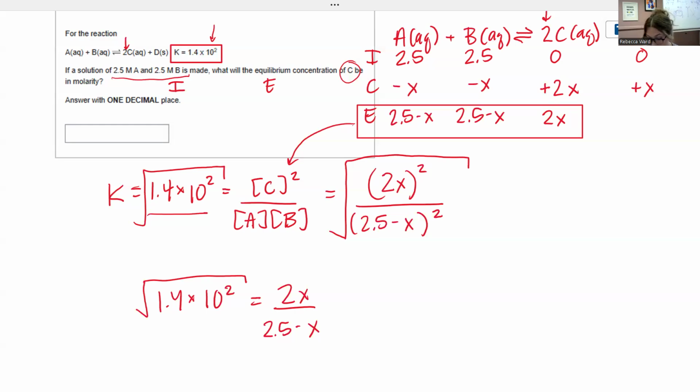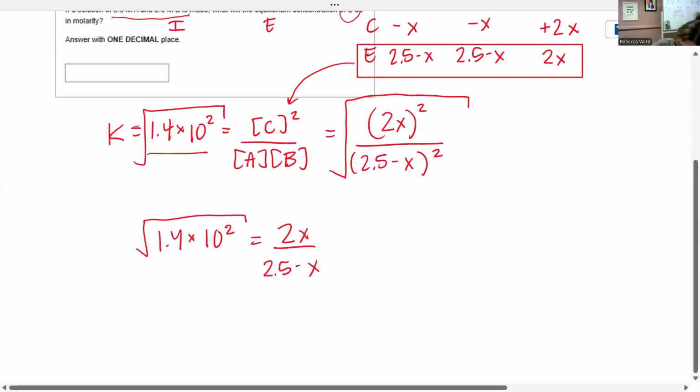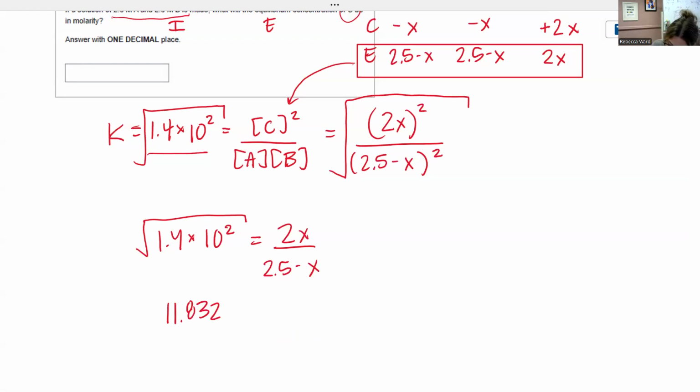All right, so I'm going to take the square root of that 140. And that's 11.83. I'll keep some more digits as I go through this. 11.83 equals 2x over 2.5 minus x. Okay, so I need to gather these x terms. So I'm going to multiply both sides by this 2.5 minus x.